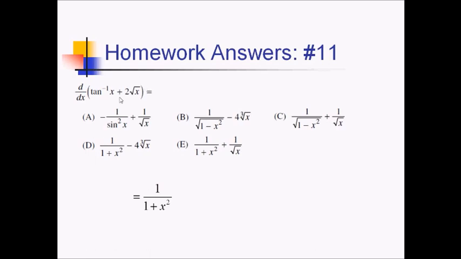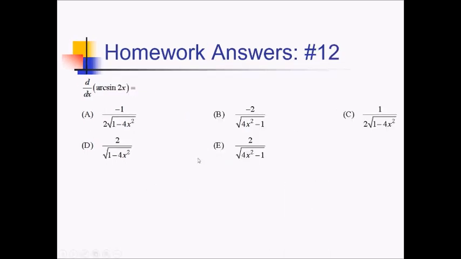So we're going to have 1/2 times 2 times x to the negative 1/2. And then x to the negative 1/2 is really just 1 over the square root of x, like I put here. That almost looks like something that's up there. Let's just cancel these 2's out. So we've got 1 over 1 plus x squared plus 1 over root x, and that is choice E.